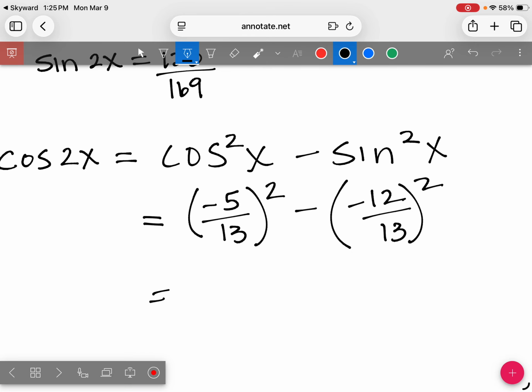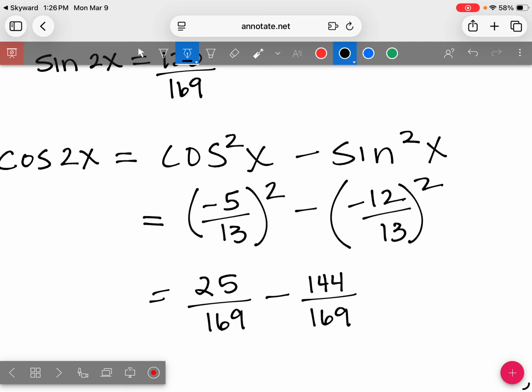And remember, when you square a fraction, you square the top and then you square the bottom. So you have 5 squared over 13 squared minus 12 squared over 13 squared.